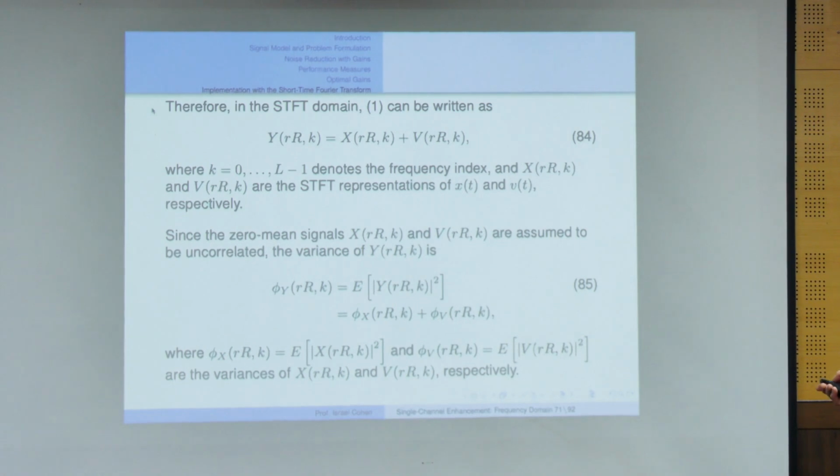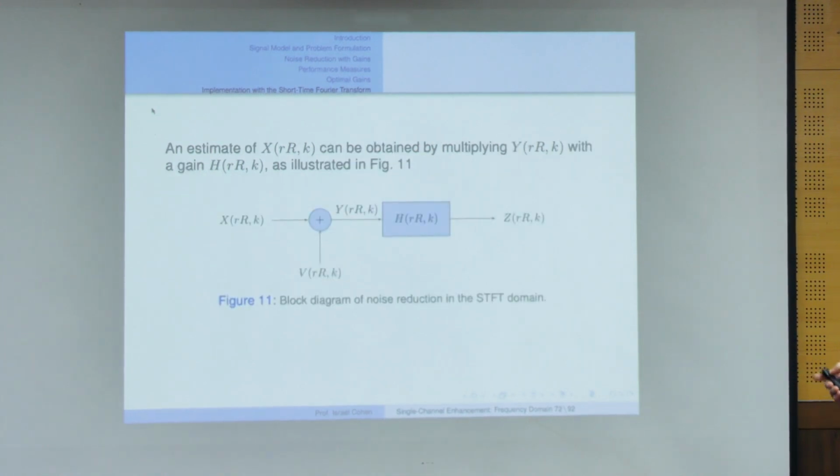So what we can do is to apply a scalar complex gain to each pixel here, to each value here. This is the model in the STFT domain, and we apply a scalar complex gain to each noisy measurement here.